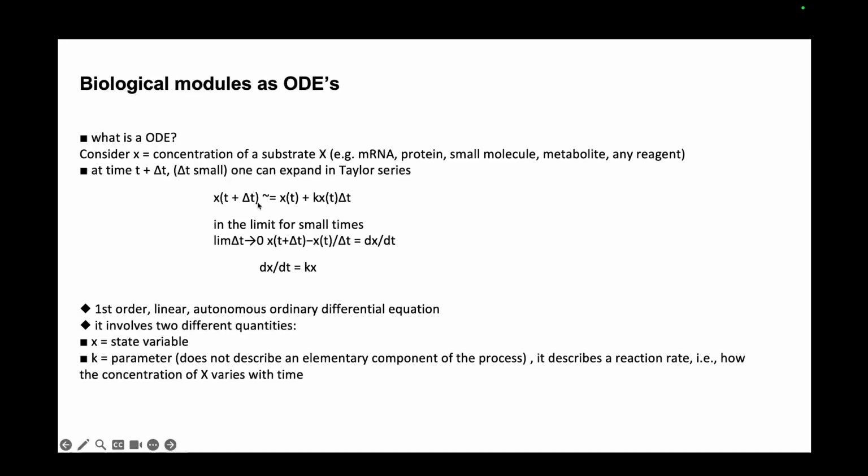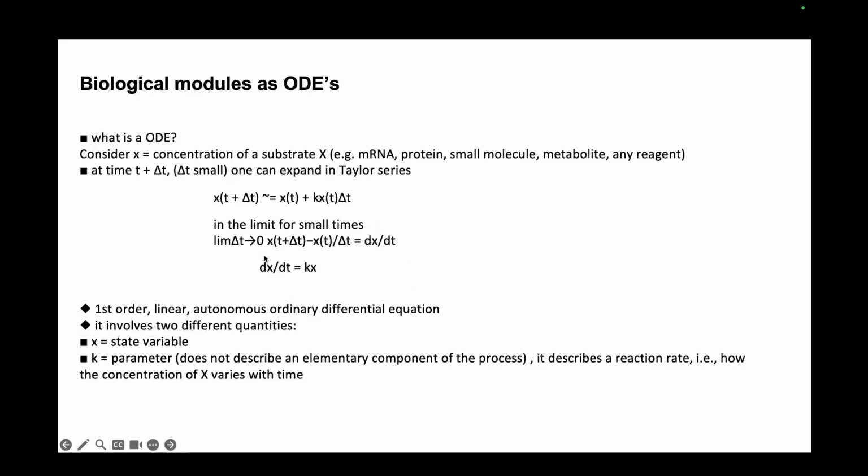What you want to do is check the concentration of that compound at T plus delta T compared to T. So this is how it is given: X of T plus delta T equals X of T plus k X of T times delta T. And if you take a limit, you get dX/dT. So this is actually the differential equation formula.